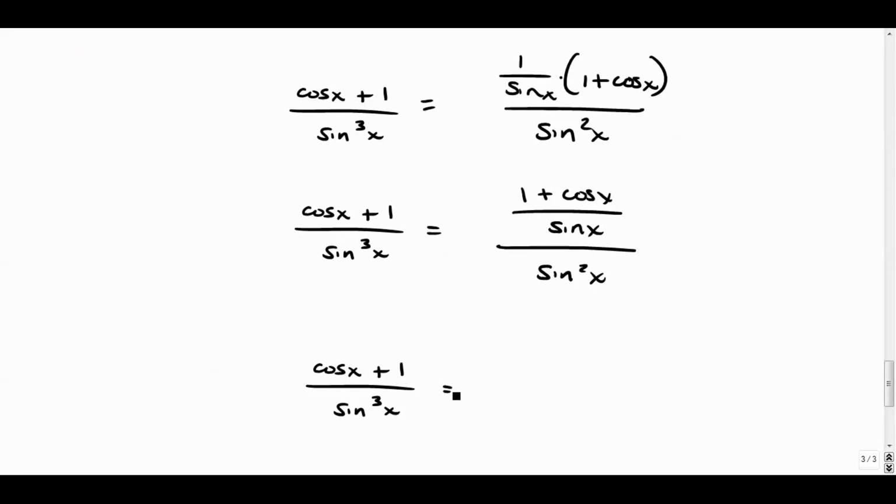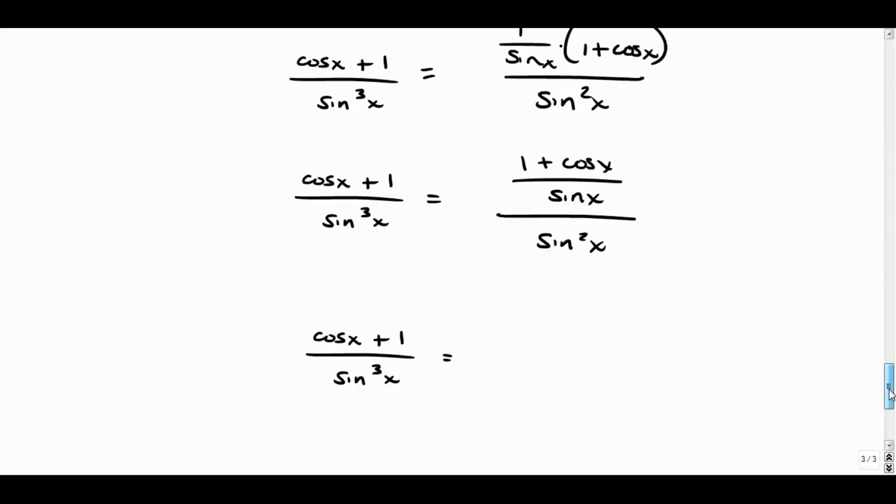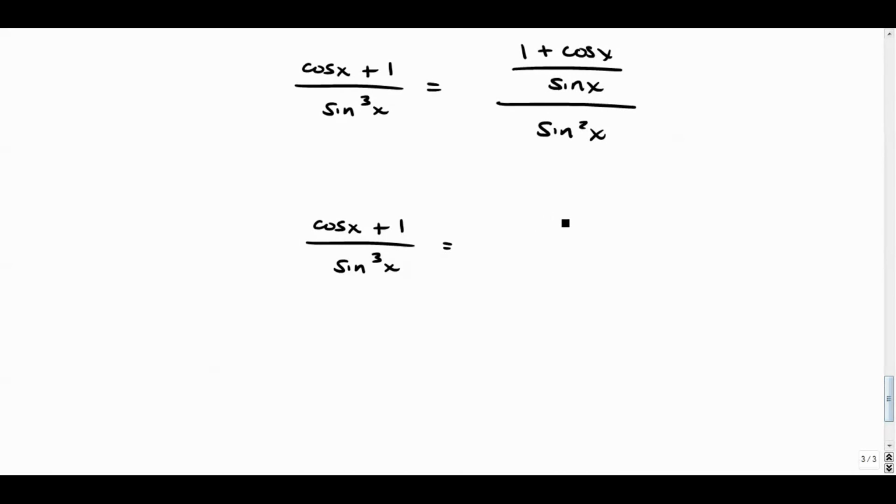So let's continue. We have a little bit more work to do. I'm pretty darn close. I can see that I have a 1 plus cosine x, 1 plus cosine x. I just need to manage these and get them to be sine to the 3rd power x. And that's just a little bit of algebra. I see 1 plus cosine x over sine of x divided by sine squared x.